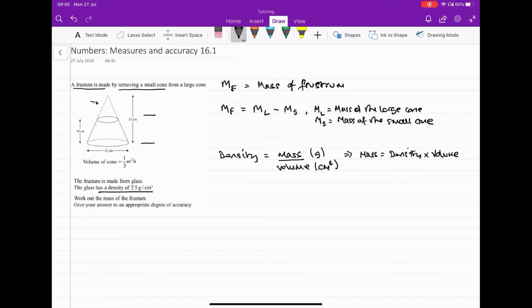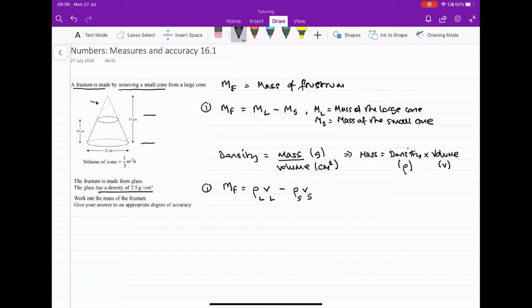So we can now adjust our formula up here to include that additional information. So the mass of the frustum, we can now say, is the density, I'm going to make that the letter rho, which is the Greek letter, of the large cone, times the volume of the large cone, and again, we identify that we're using V for volume, minus the density of the small cone times the volume of the small cone.